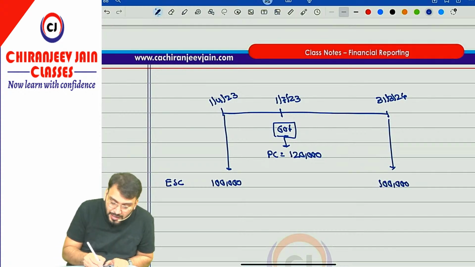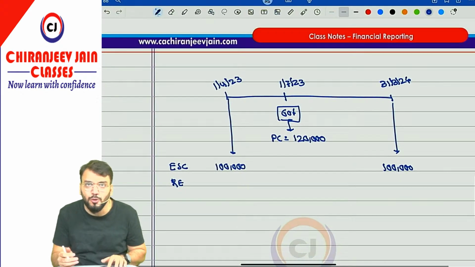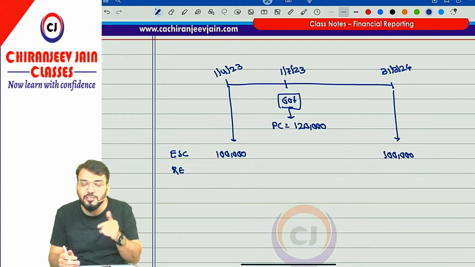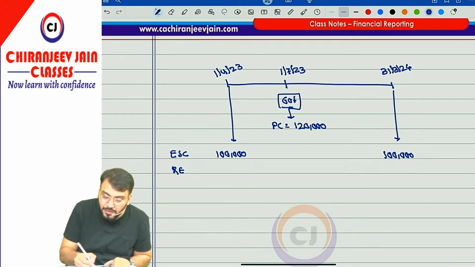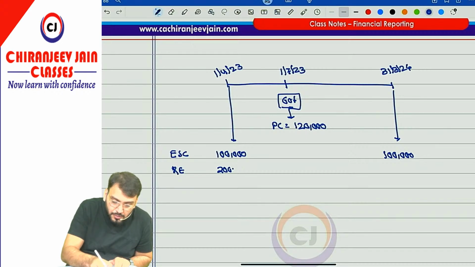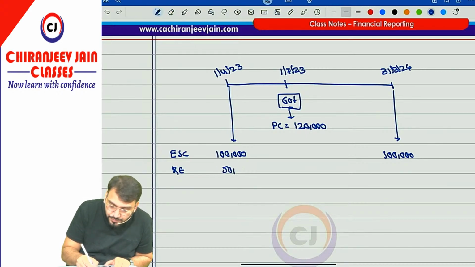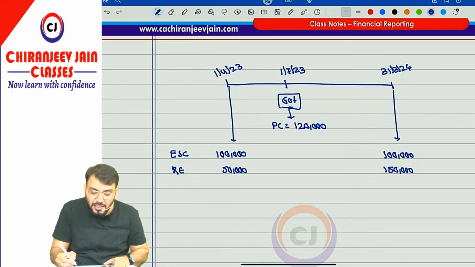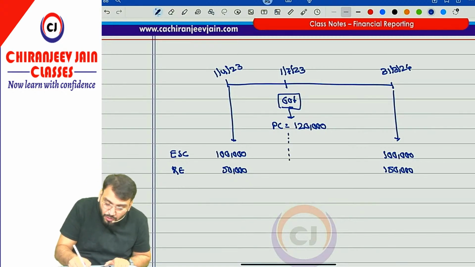And they have given retained earning, which means the PL appropriation account, whatever surplus is left after declaring dividend. They have given 50,000 and 1,50,000.